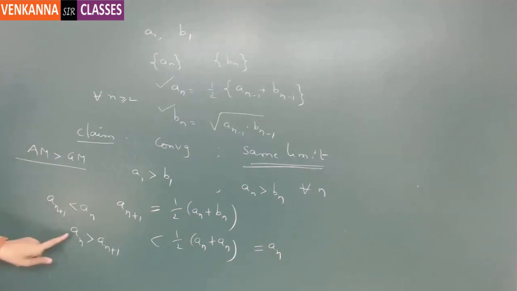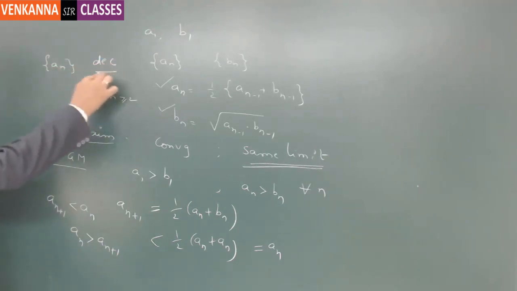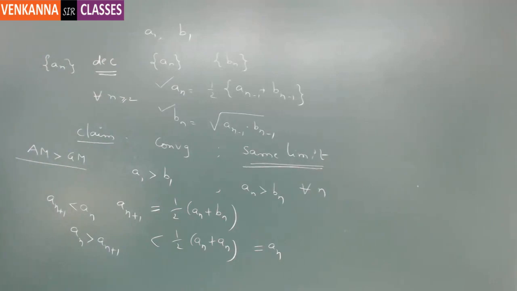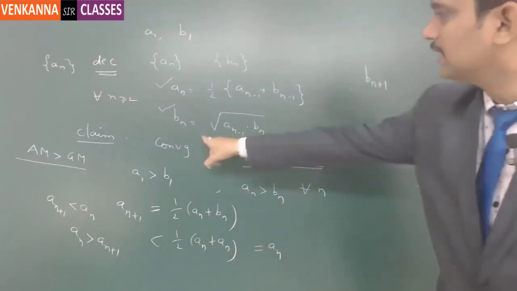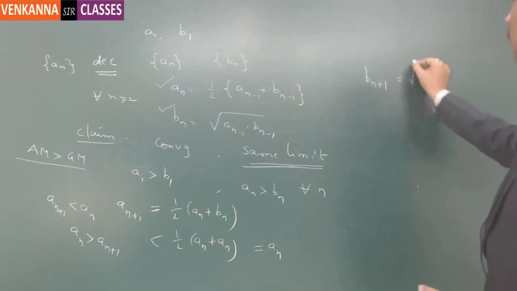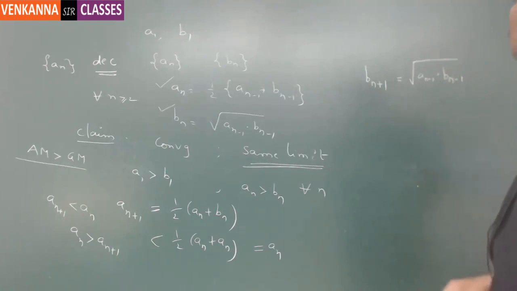So what happens? Observing this pattern, what can we say about an? Is it increasing or decreasing? an is greater than a(n+1). Decreasing. So the sequence an is a decreasing sequence. Now let us come for bn also as well. So we can write that from the recursive formula of this, b(n+1) is equal to square root of an-1 dot bn-1.